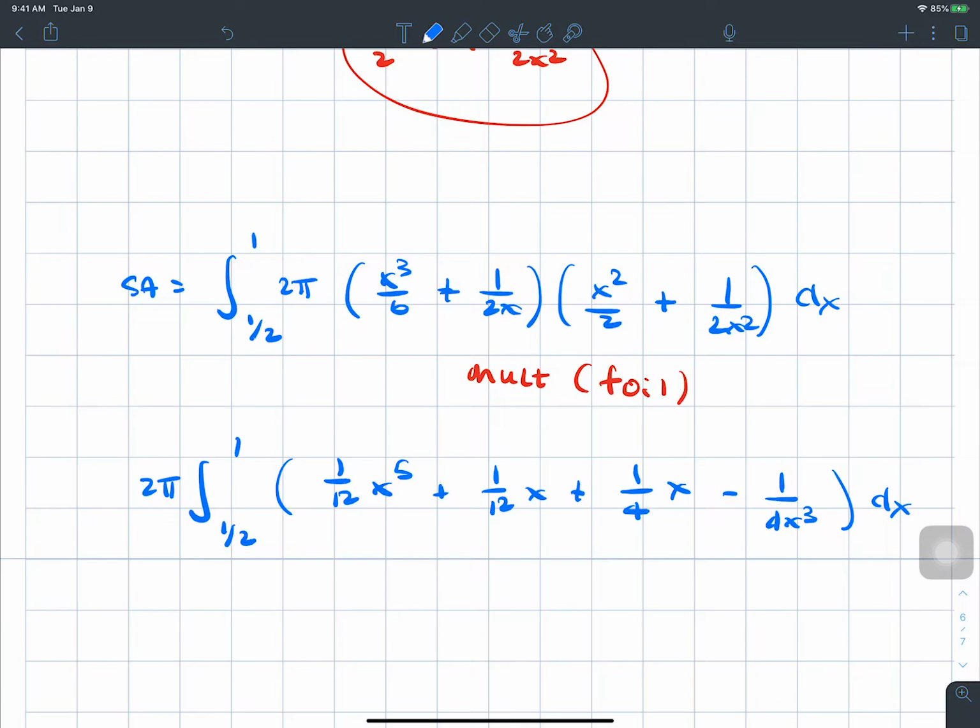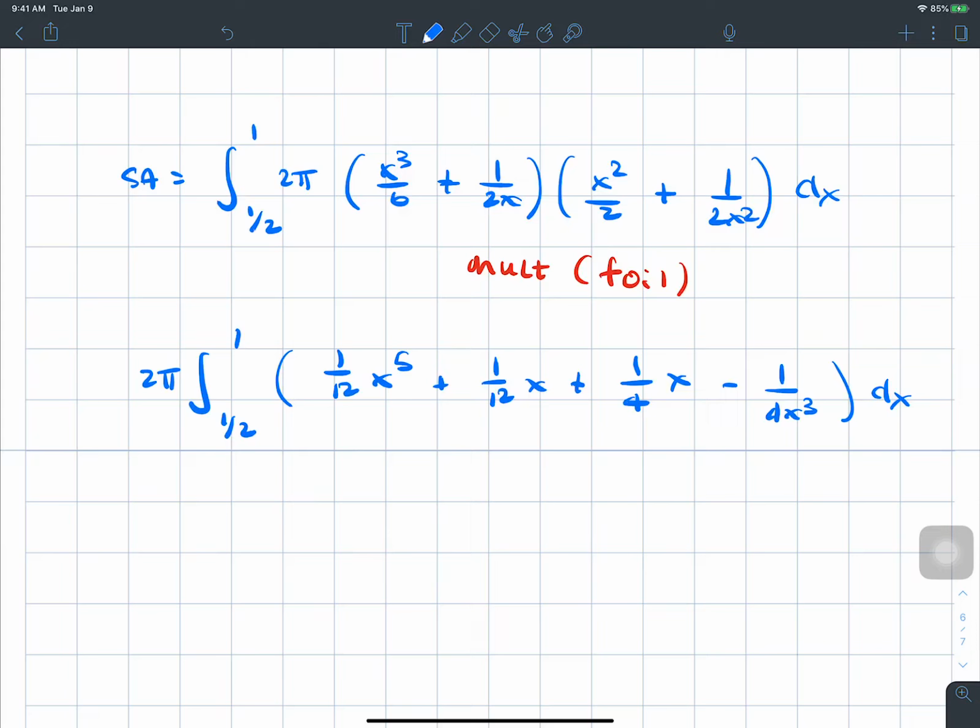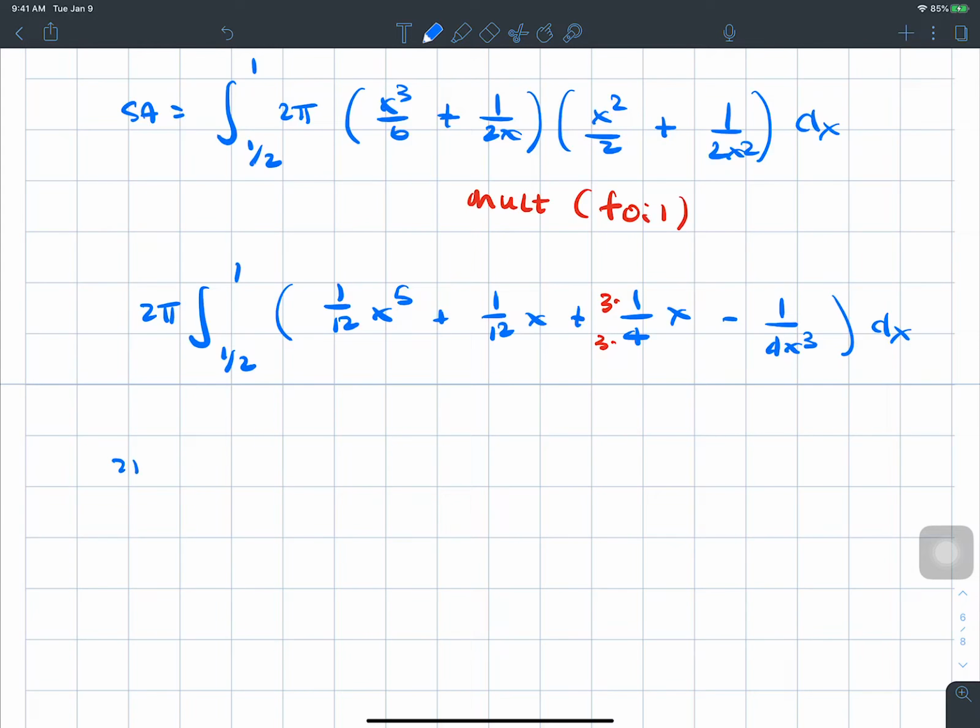All right. I would combine some terms here, right? I would say multiply the top by 3, bottom by 3. So I'll have 2 pi, we integrate from 1/2 to 1, 1/12 x to the 5th, 4/12. This is going to be really 1/3 x. Double check the arithmetic.